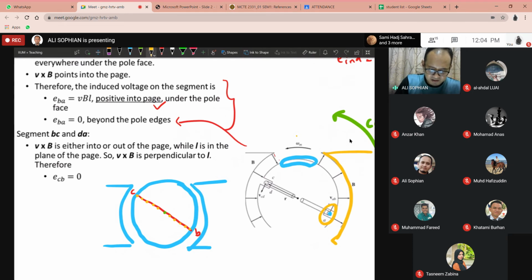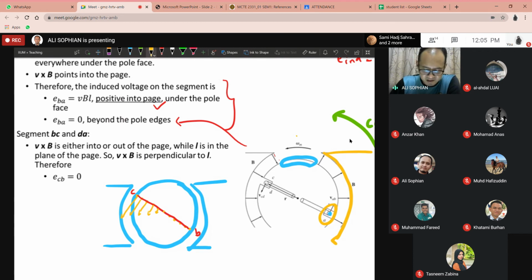If I draw it, the vector, this is just rough. The vector will be like this. As you go further away from the center, the velocity will be bigger and bigger.